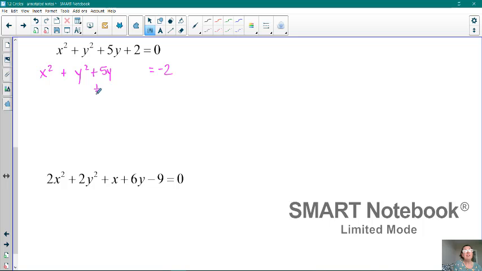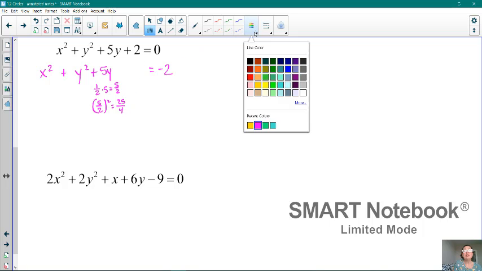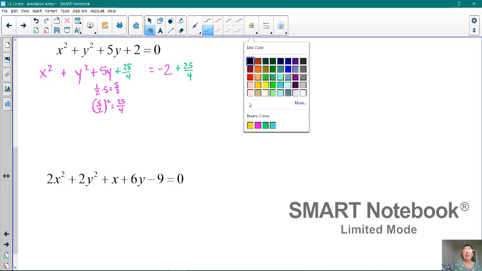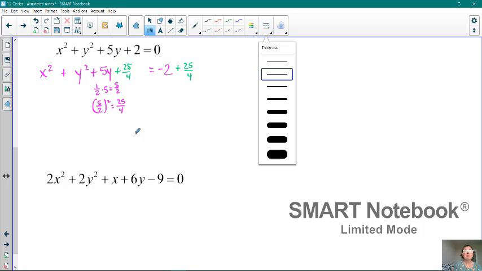We'll take half of 5, and we'll get 5 halves. We'll square that, and we will get 25 fourths. So we'll add 25 fourths here, and then on the other side of the equation as well. Now when we do our factoring, x squared is just a perfect square by itself.